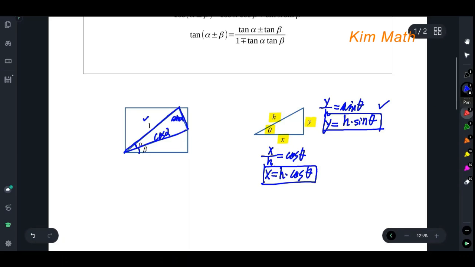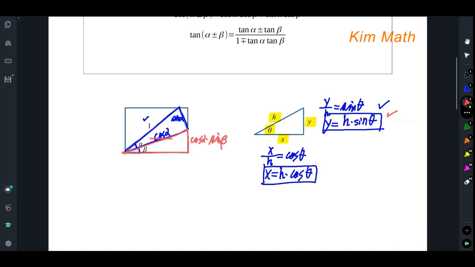Now this time, please focus on this triangle. Again, you are given the hypotenuse and the angle of beta here. So with the same reason as this, what is the opposite? Hypotenuse times sine theta, in this case beta, right?